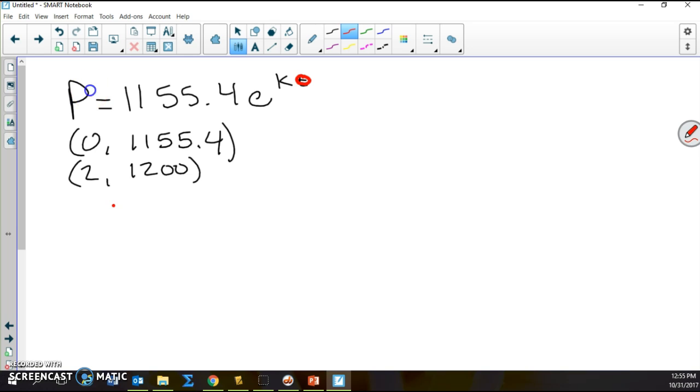So what we want to do, of course, here is set up with our first ordered pair. We know that the population, 1200, is equal to this equation, 1155.4 times e to the k times 2, or 2k. Now, with this equation, we can solve for k.